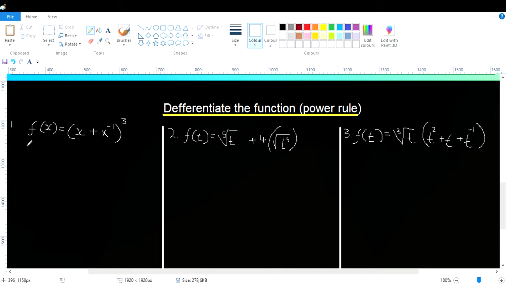Okay, here is number one. Here, the first one, we're going to differentiate this function with respect to x.